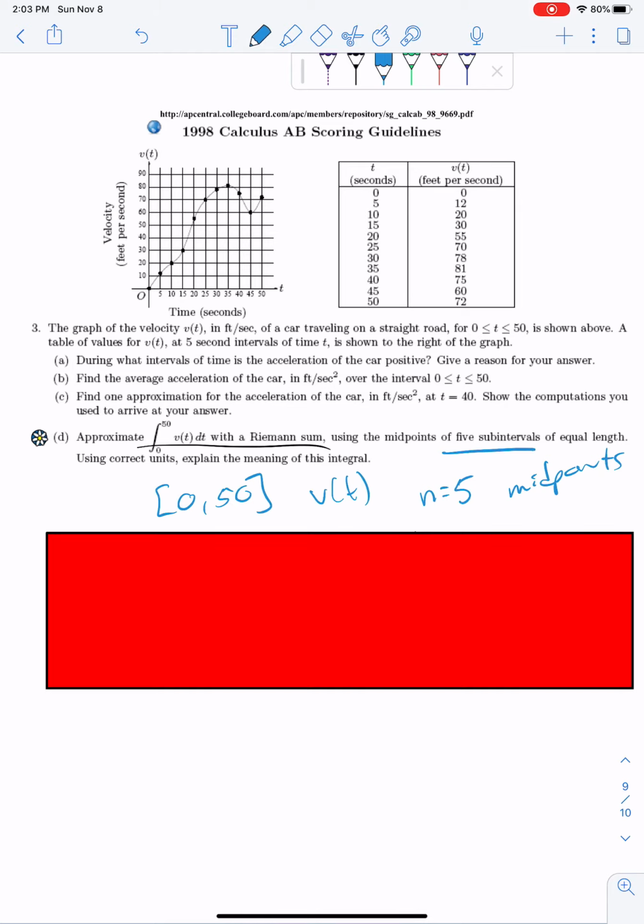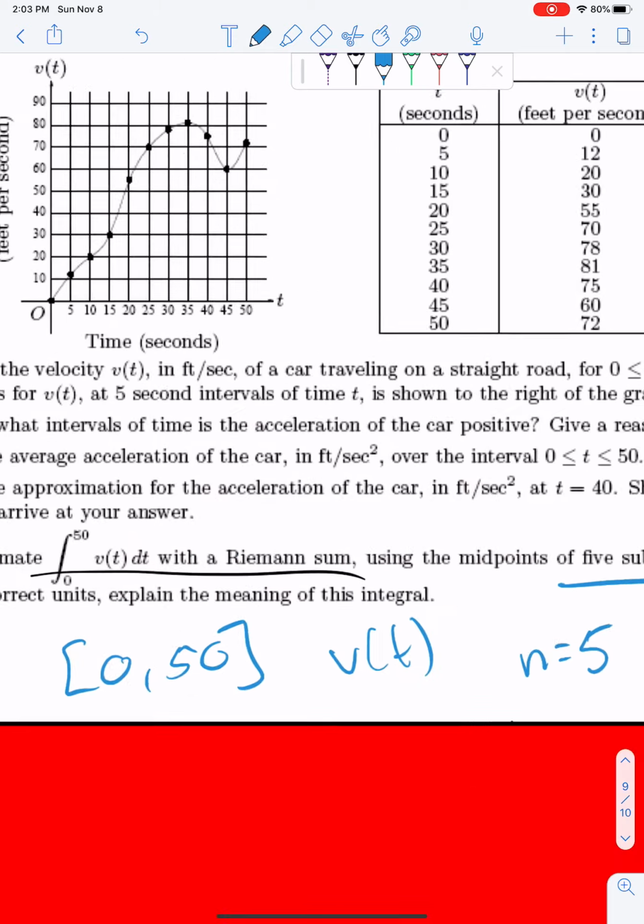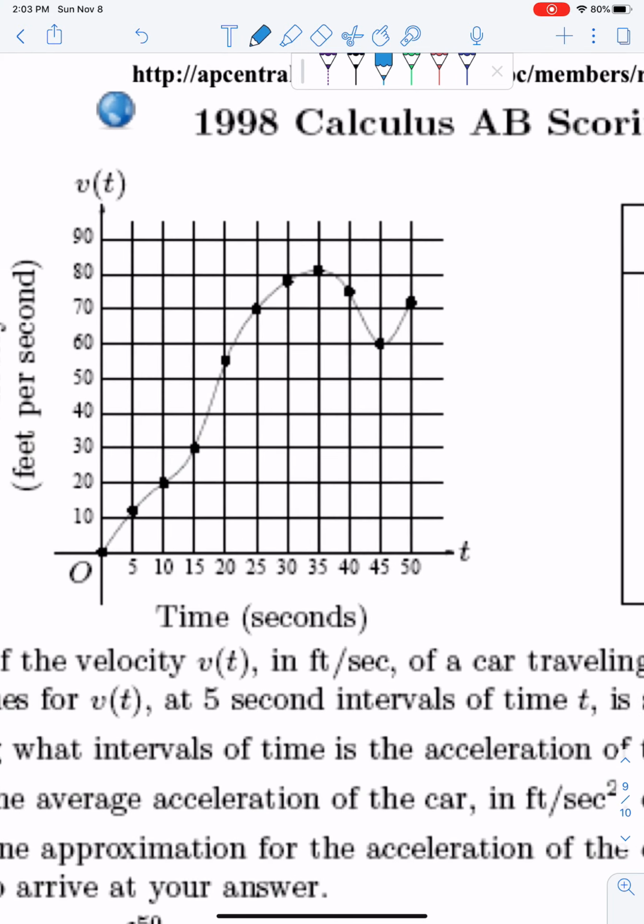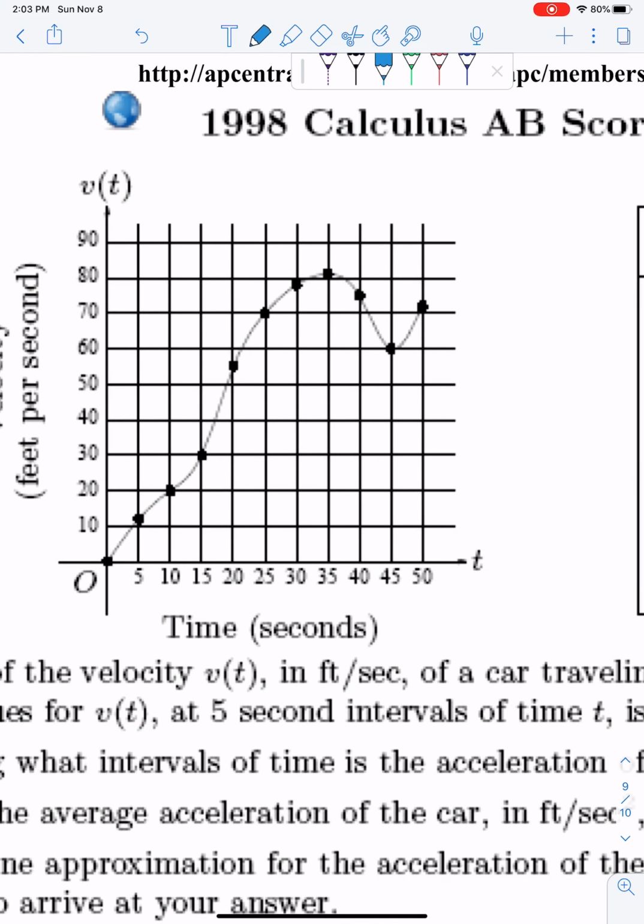So if this is my data, I'm going from 0 to 50. So I'm going to blow this up a little bit. And I'm breaking it up into 5 equal sections. So if I'm going 50 units and I'm breaking it up into 5 sections, each section is going to be 10 units long. So my first one is I'm going to go right here to 10.